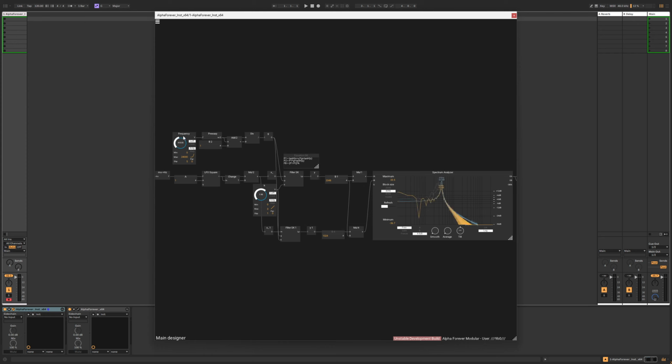So take a look, and here you can see that there's a huge difference between the two filter outputs, and there is some dipping, and I remember that there is some, and this is why I didn't recognize it while I was building the patch, but this is not something that should happen.